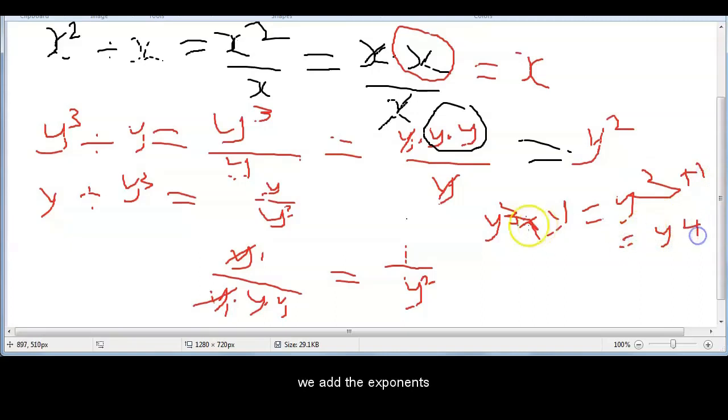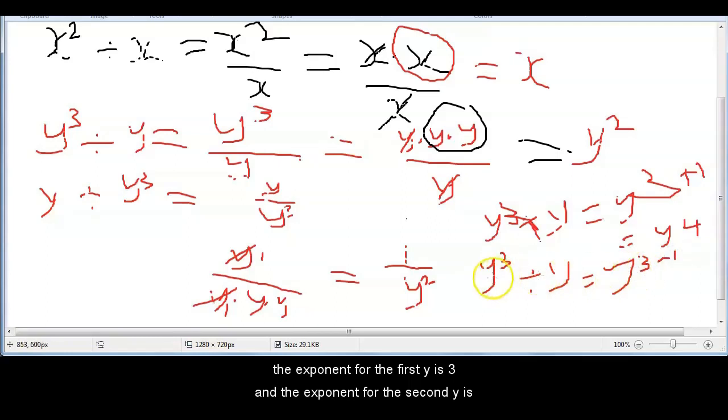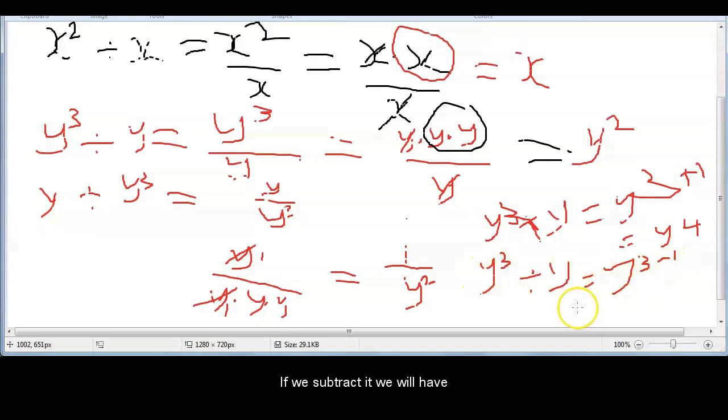We add the exponents. In division, we subtract the exponents. So y cube divided by y will be the same thing as y to the power of 3 minus 1. The exponent for the first y is 3 and the exponent for the second y is 1. After subtraction, we are going to have y squared.